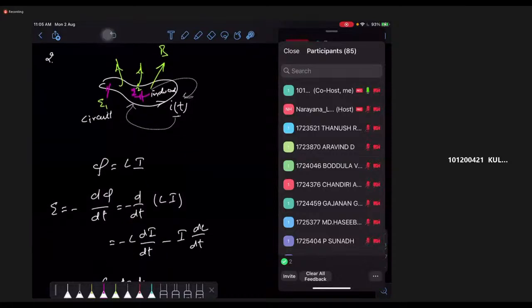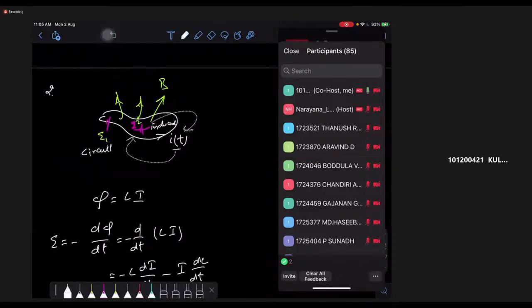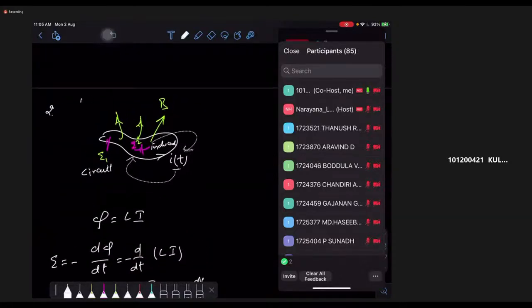But what about the self-inductance? EMF induced by self-inductance. Self-inductance can also induce my EMF. Imagine a loop where we have a battery E1, and this battery tries to change the current. If the battery tries to change the current, it changes the flux.